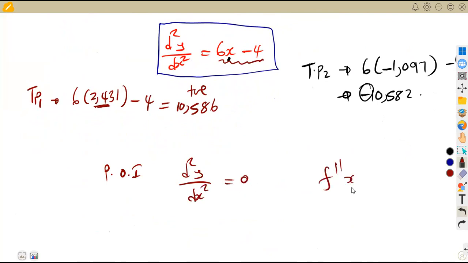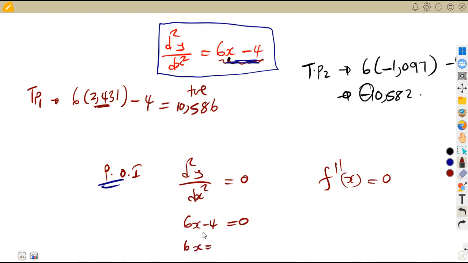So that is the condition for the point of inflection. We obtained our second derivative, which is 6x minus 4, so it must be equal to 0.